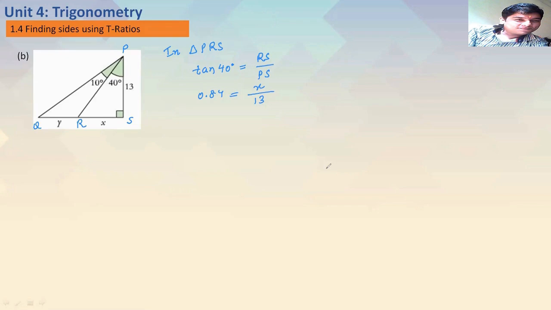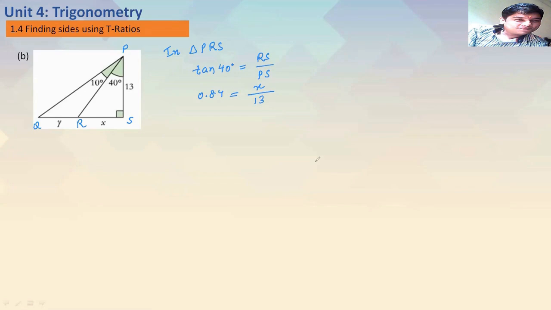Since I know that the adjacent is 13 and tan is opposite over adjacent, I write tan 40 equal to X over 13, and then I cross multiply. Exactly, cross multiply. That's what I was seeking. So you would be able to solve the problems of this kind, the kind we did in the previous question, right?